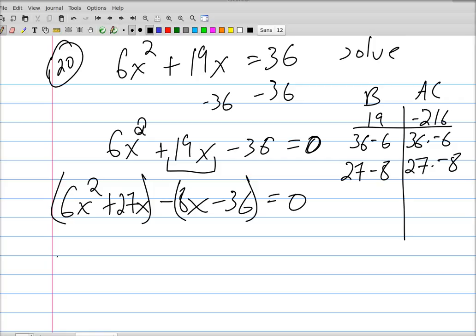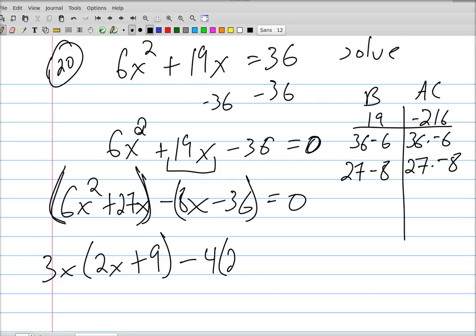From the first two terms, I can factor out a 3x, and that's going to leave me with 2x plus 9 on the inside of those parentheses. Here, with minus 8x minus 36, I can factor out a negative 4, and that's going to leave me with 2x. And then negative 4 times positive 9 would give me back that negative 36 from the previous step. So I want to be sure that I am factoring correctly there.